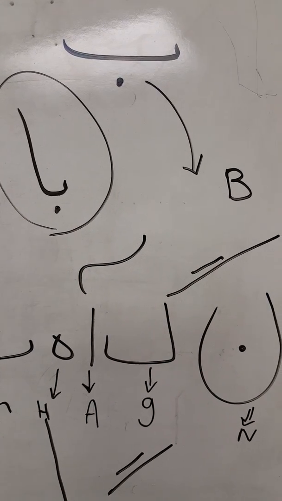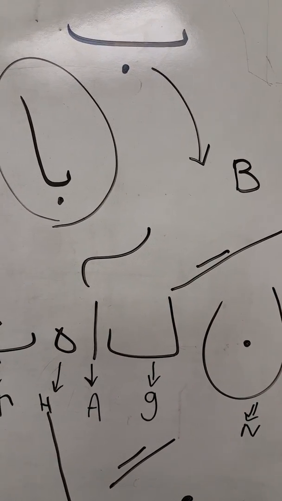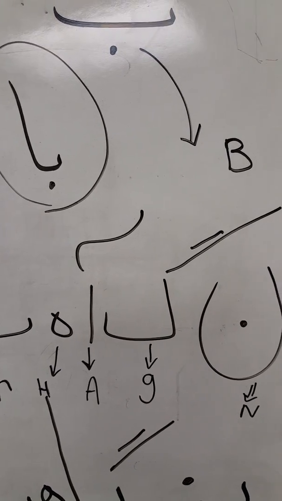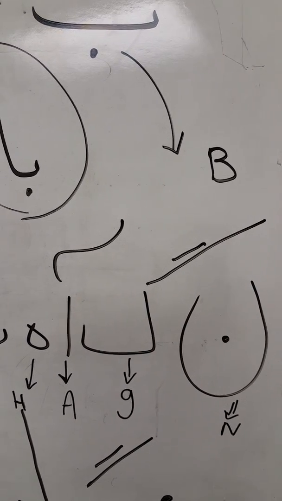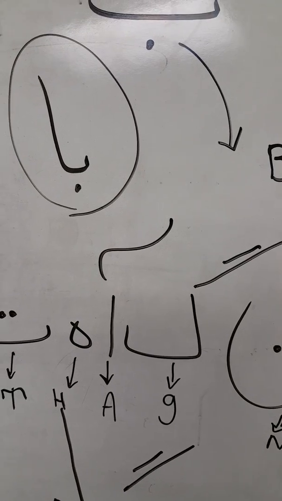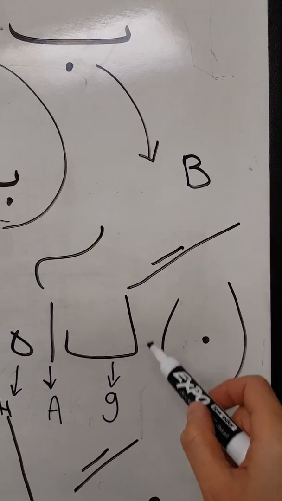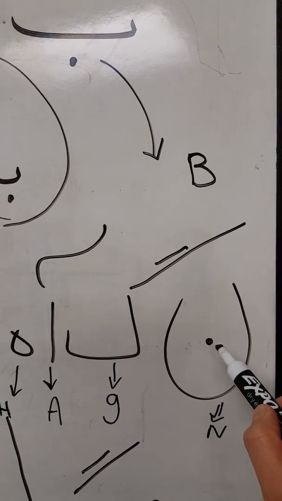It doesn't make any sense in Farsi. So you have to attach it. You see, this is the way they write N. It's like a loop and they put a circle in the middle of it.